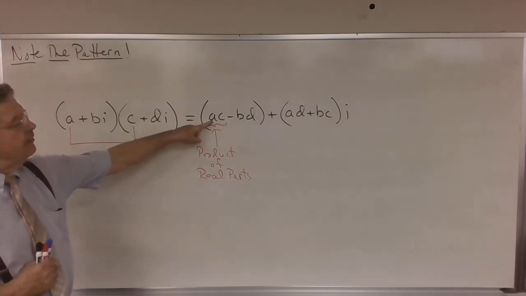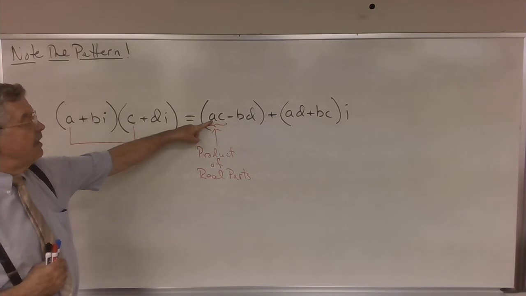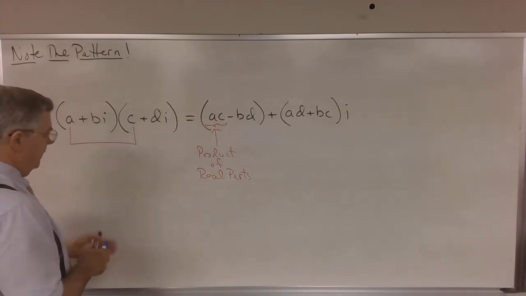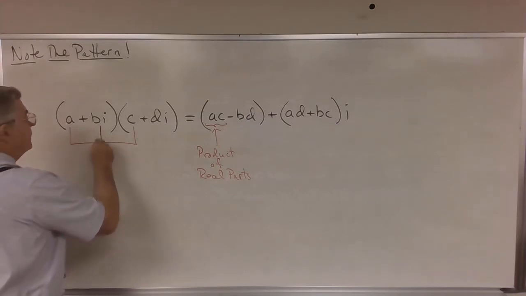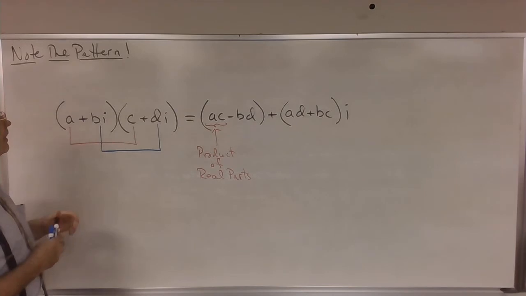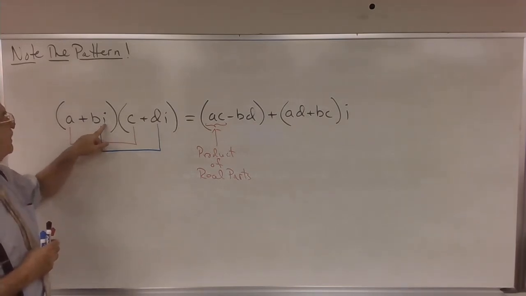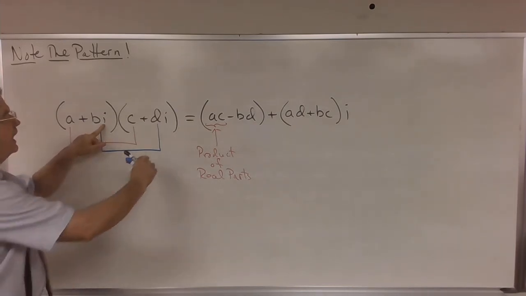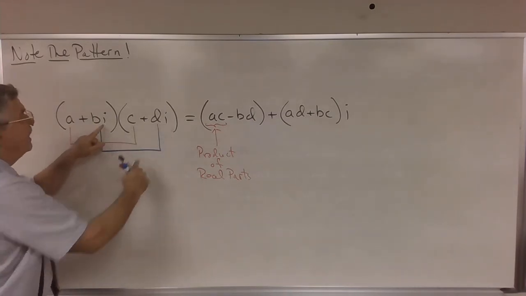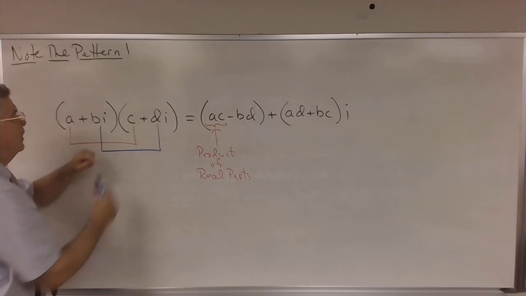We have the product of the real parts, and it's a real number. And now we also have the product of the imaginary parts, and that's a real number. Because we have i times i, that's not imaginary, that's real. i times i is -1.